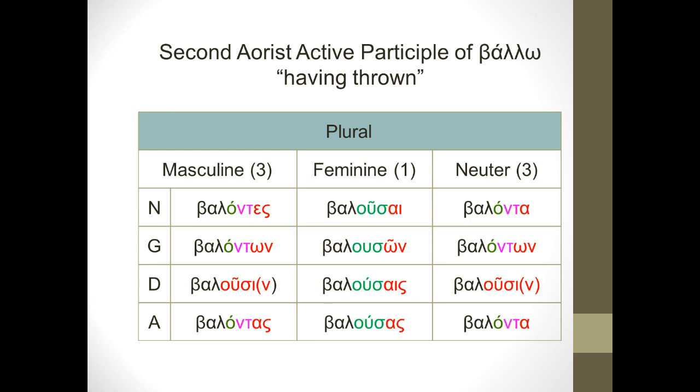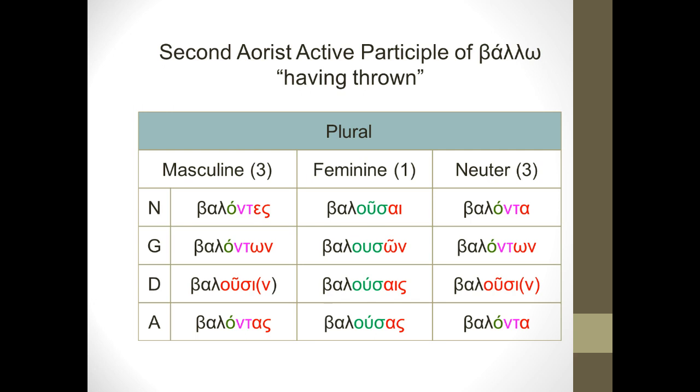If you're not careful, you could parse this as a present active indicative third person plural, "they throw." But you should know that it is not a present active verb because the internal change of balo, meaning that one of the lambdas has dropped off, is your clue that you are dealing with a second aorist verb. So keep that in mind when you are looking at it.